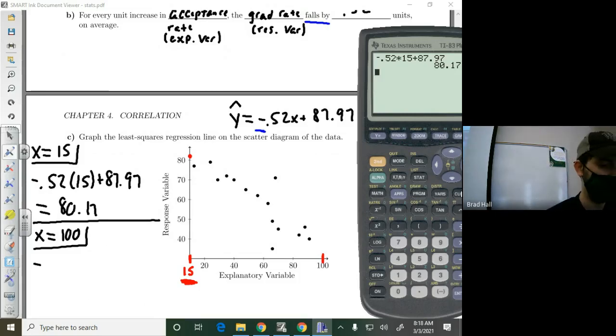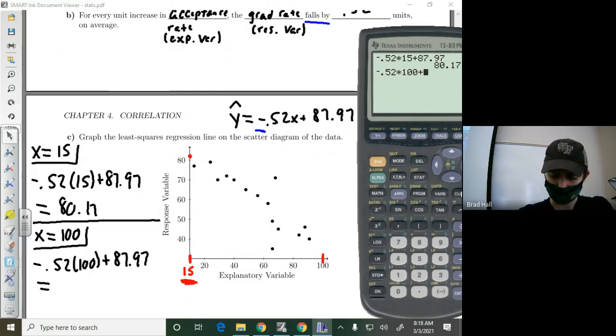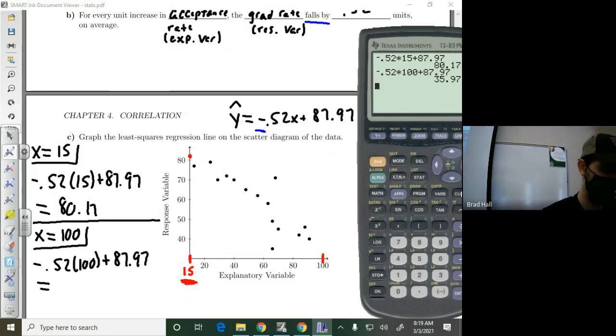And so it's the same exact thing for the 100. Negative 0.52 times 100 plus 87.97. And we get 35.97.